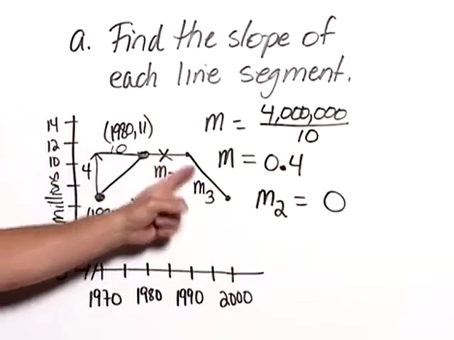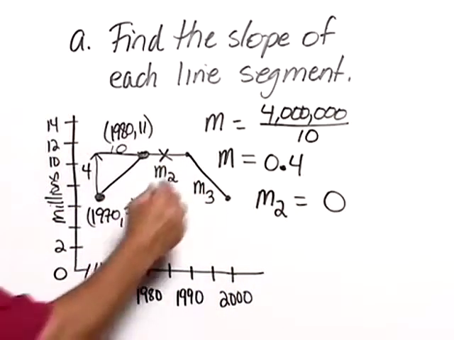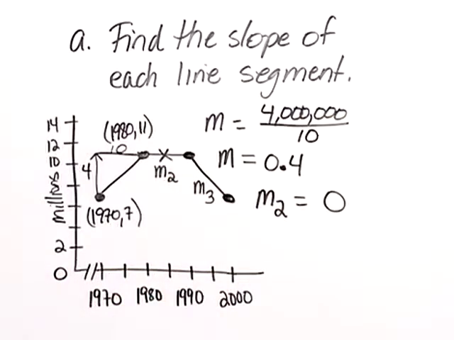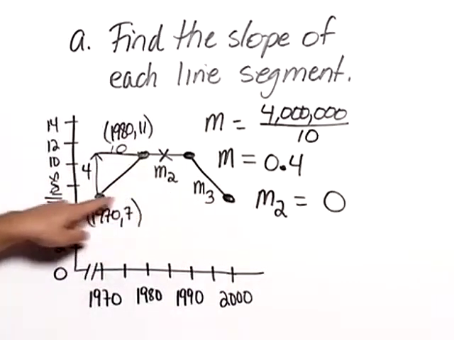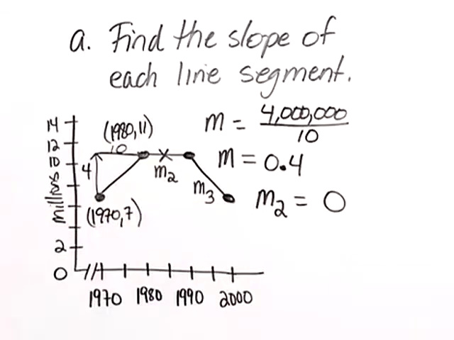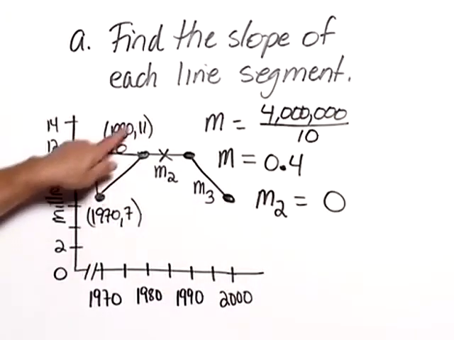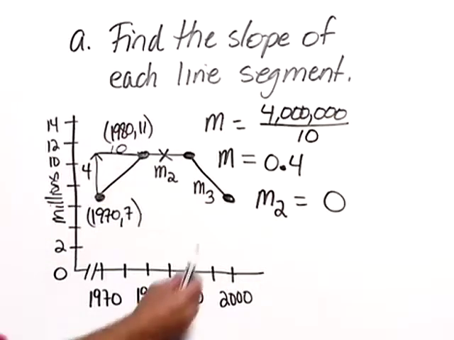M3 is this line segment, but let's think for a moment and notice what's going on. In this case, the height is 11 million, and for this point, the height is 7 million. So in a sense, we're using the same numbers that we've used over here because once again, when we look at the dates, it's from 1990 to 2000, a difference of 10.